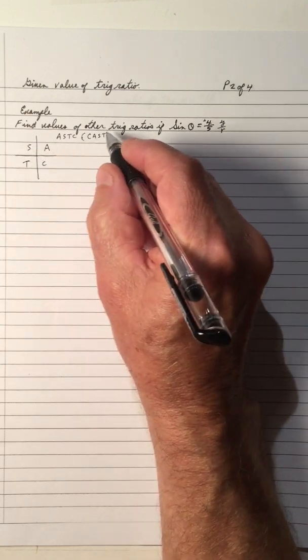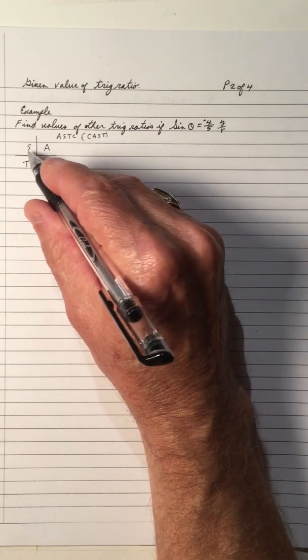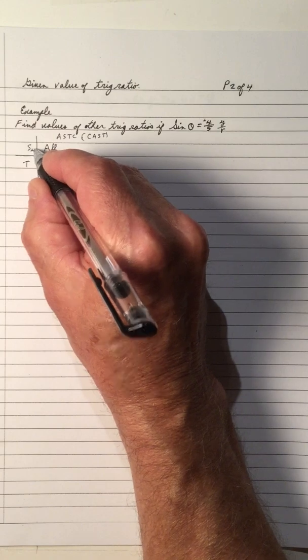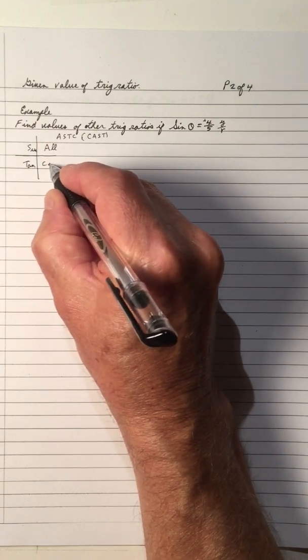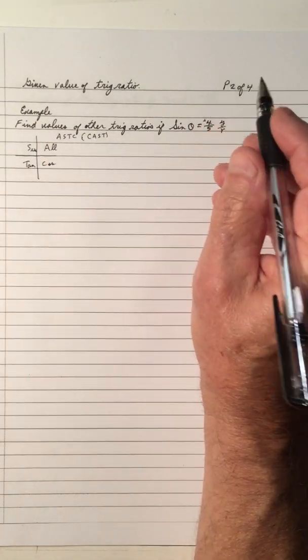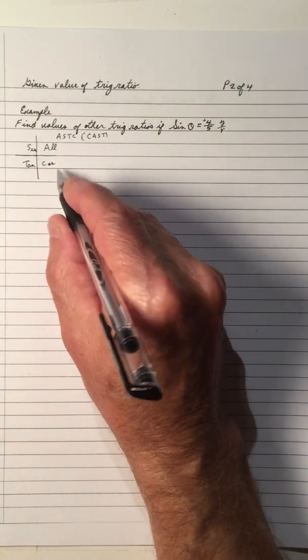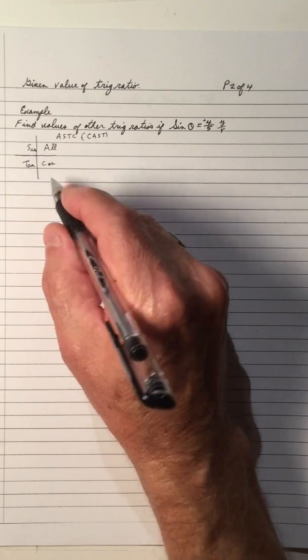A stands for all, then sine, tan, cos. So sine is positive in quadrants 1 and 2.